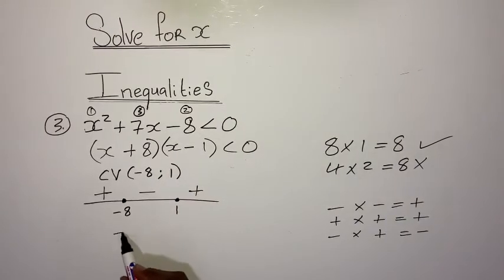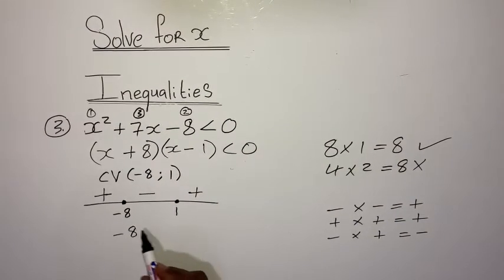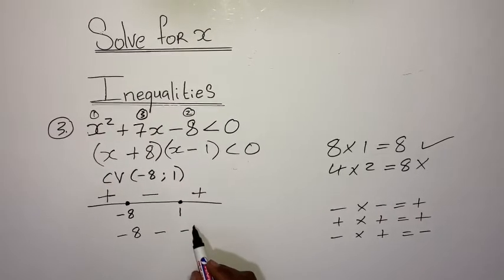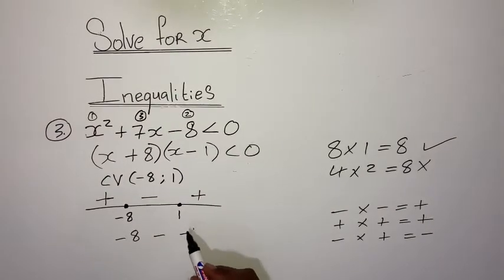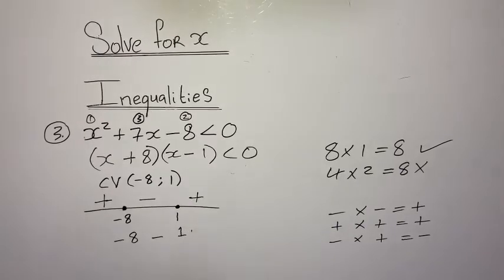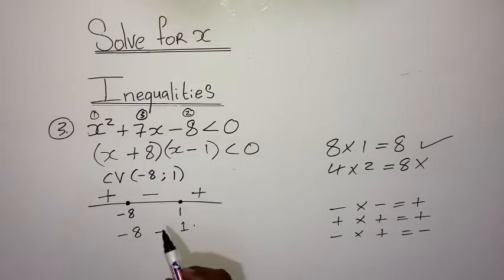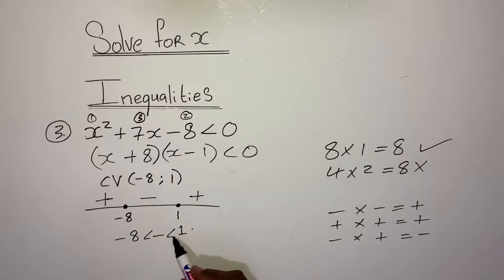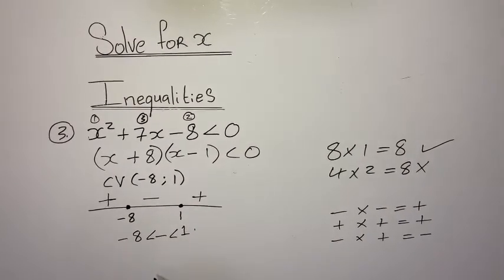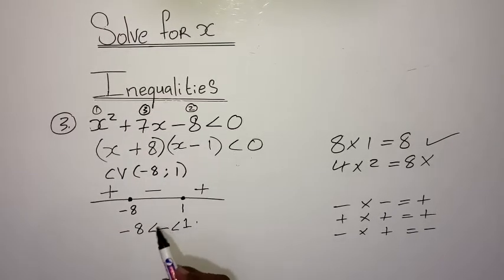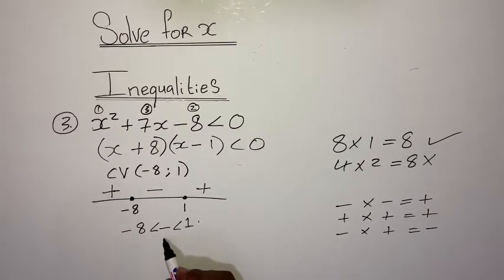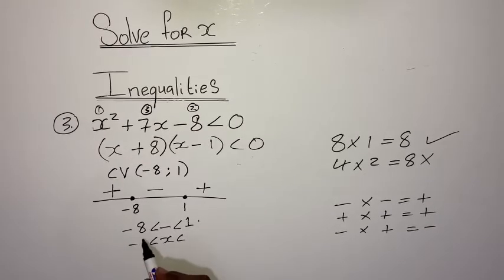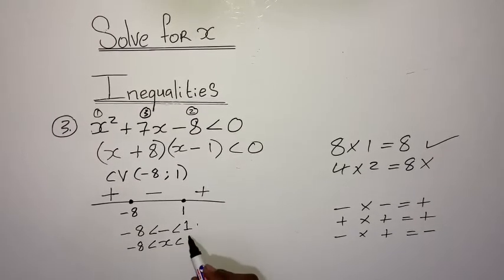So I go on to write that: x between a negative 8 and a 1. Whenever you're writing something that is between, both your signs will have to face your left. So this is actually referring to your x being between a negative 8 and a 1.